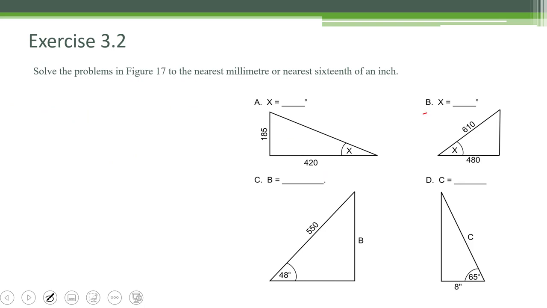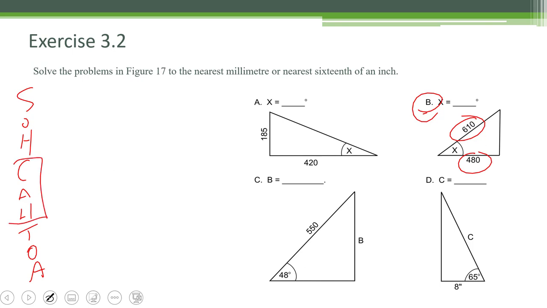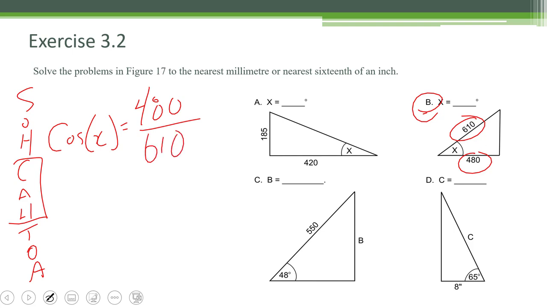Okay, to do B, I better follow my own advice, right? SOHCAHTOA every time. Okay, so for B, what sides am I working with? I'm working with the hypotenuse and the adjacent. That's going to be cosine. So cosine of x is equal to the adjacent, 480, over the hypotenuse, which is 610.